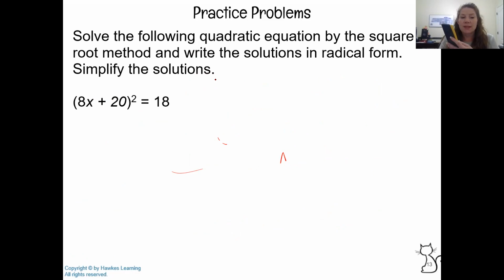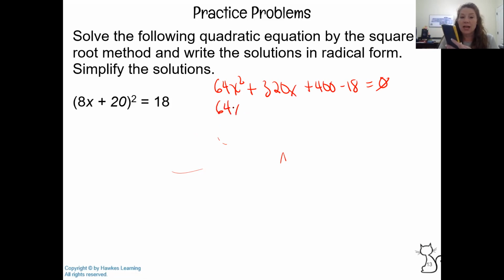So we'll just go with the 64x squared plus, what would that be, 160 plus 160 is 320, plus 400 minus 18 equals 0, and 400 minus 18 is 382.